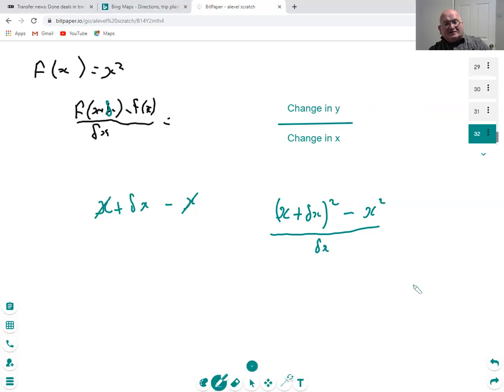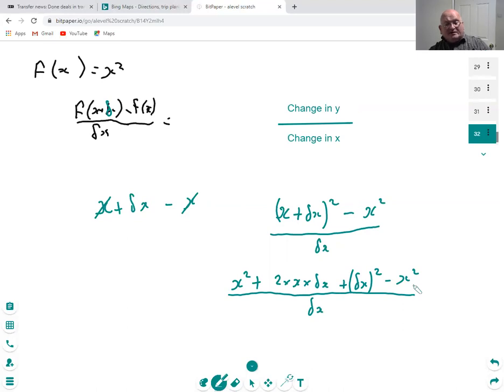So now let's expand those brackets. So we end up with x squared plus 2 times x times delta x. That's just the expansion of something plus something else squared. We end up with 2 of them. And then plus delta x all squared. Take away x squared, all over delta x.